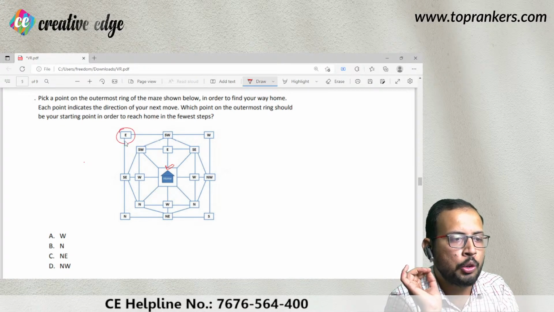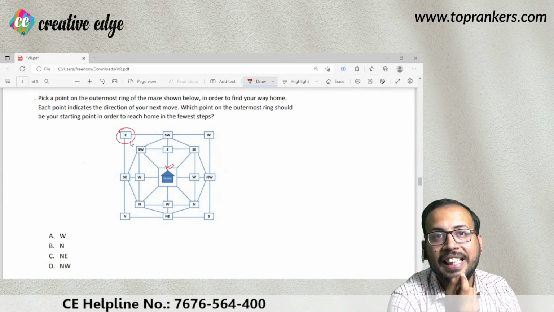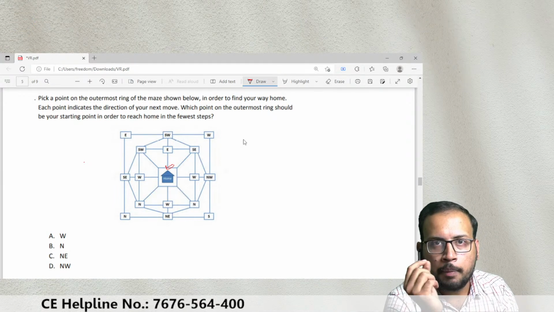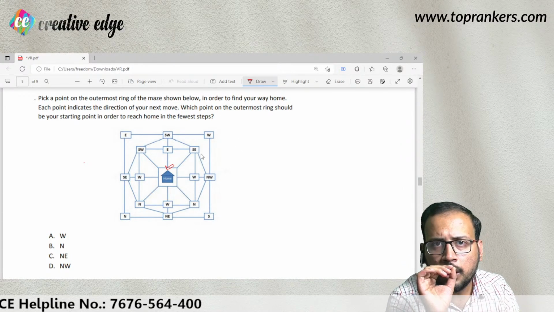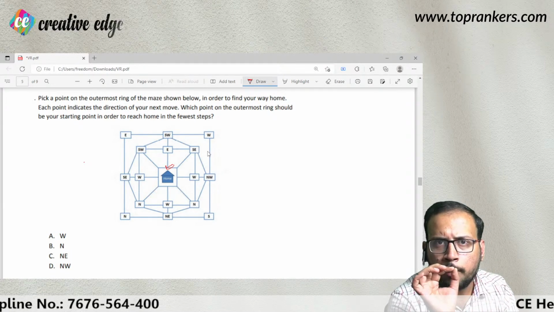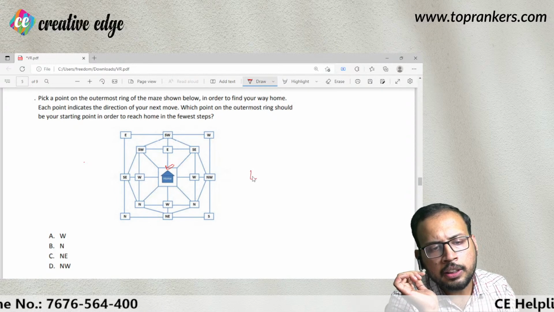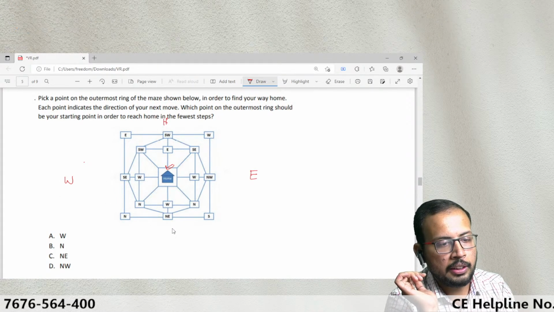So for example, E. So E indicates some direction. Now what is the direction named that starts with E? It is east, right? So that means now, very many of the students are confused. How should they mark the direction in this question? So let me tell you the standard. This is east, this is west, this is north, this is south.